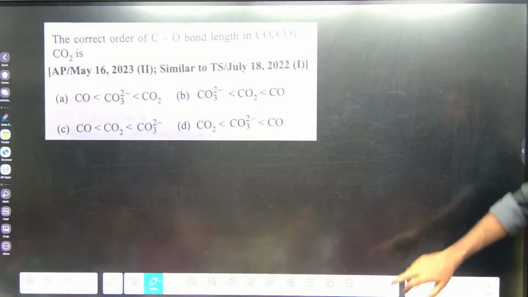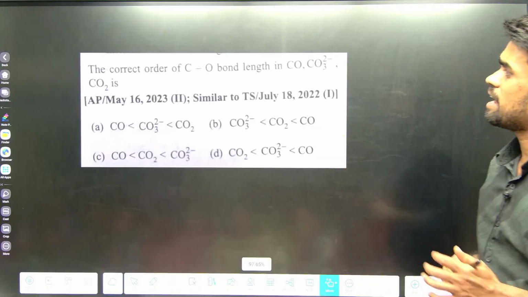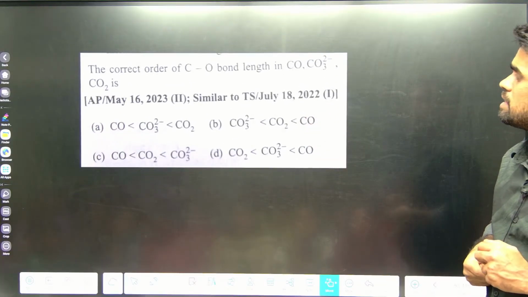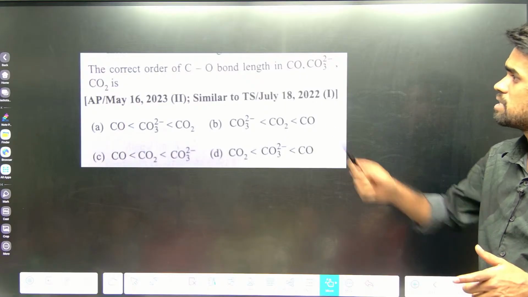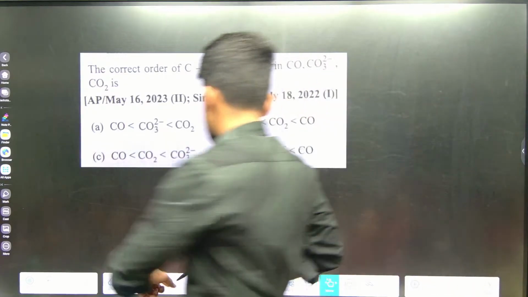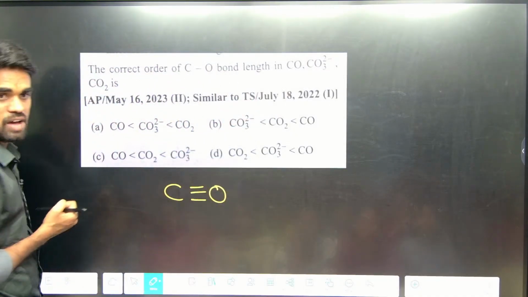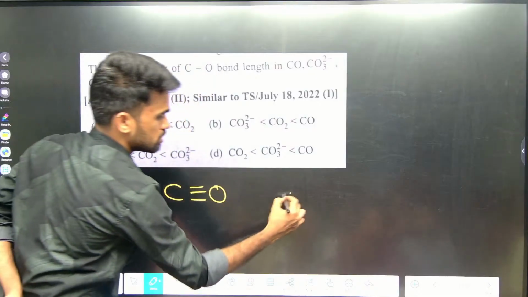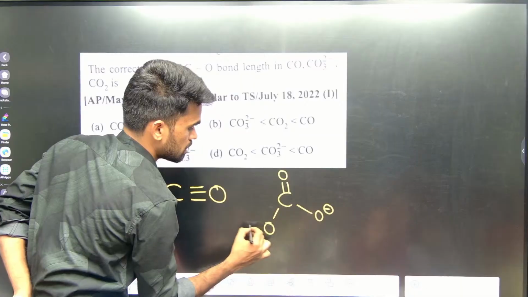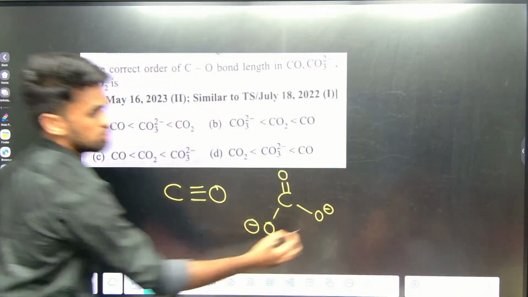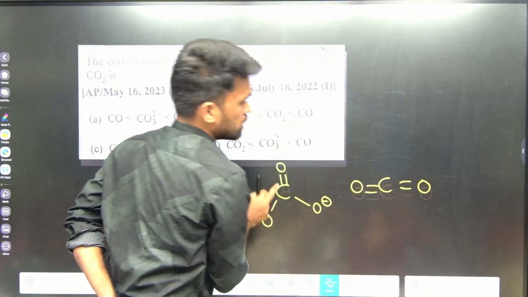There is a question like this: the correct order of CO bond length in CO, CO3 2 minus, and CO2. What is CO? Carbon monoxide. Next, carbonate ion, like this. Next, carbon dioxide, it will be like this.